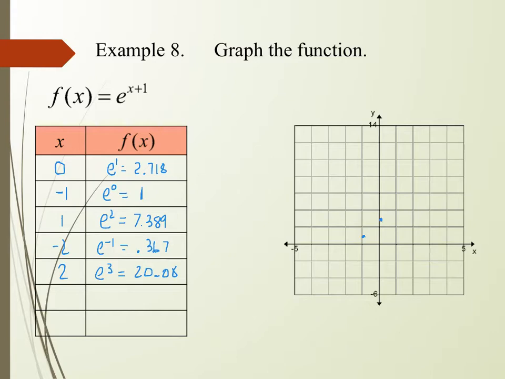So we're right about here. So now you can see what happens immediately. When x is 1, we're already at 7. So there's 2, 4, 6. We're almost at 7.38. So this one, again, we're getting closer to the 0 here, and then we're moving up in this direction here. So that's how we're going to graph this function.